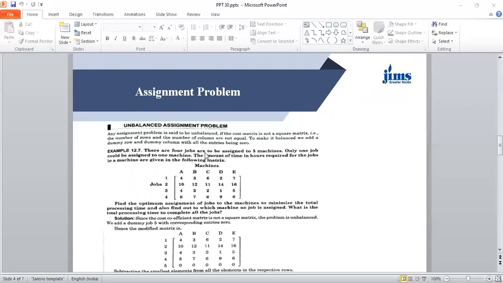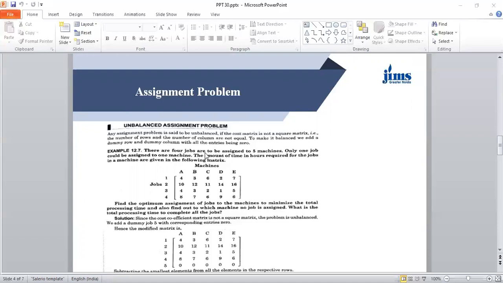Similarly, the time required to complete job 2 on different machines is 10, 12, 11, 14 and 16, and job 3 on machines A, B, C, D, E is given as 4, 3, 2, 1 and 5 hours. And job 4 on machines A, B, C, D, E is 8, 7, 6, 9, 6 hours.